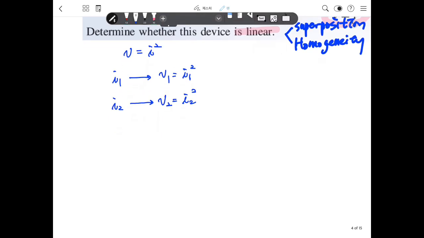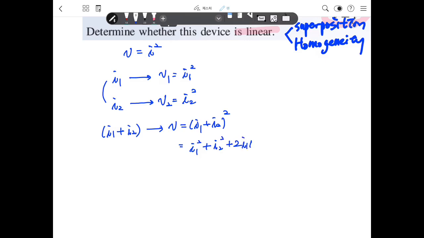Let's guess we add another input that is the sum of two inputs, I1 plus I2. Then the result will be I1 plus I2 squared. Then this will be I1 squared plus I2 squared plus 2 I1 I2.